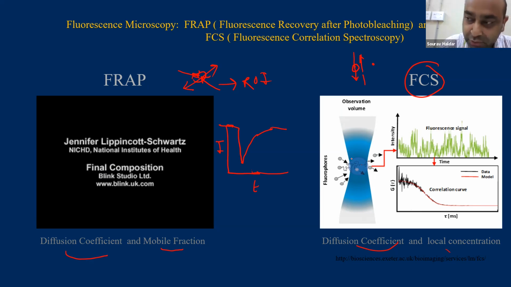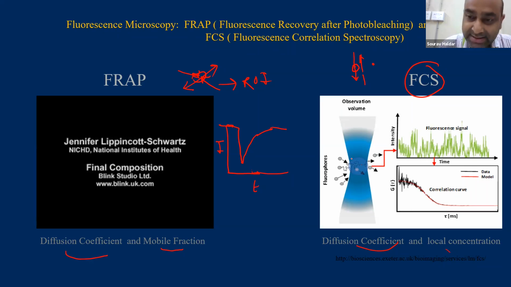So one thing we have to keep in mind is that although FRAP and FCS provide data on similar information, on similar phenomena, the value of the diffusion coefficient of the same molecule determined by FRAP and determined by FCS may not be the same.